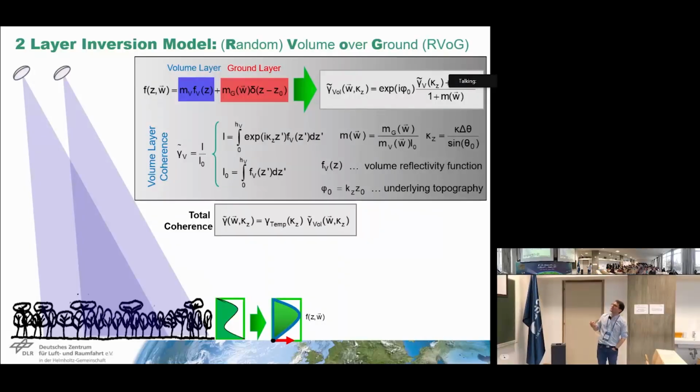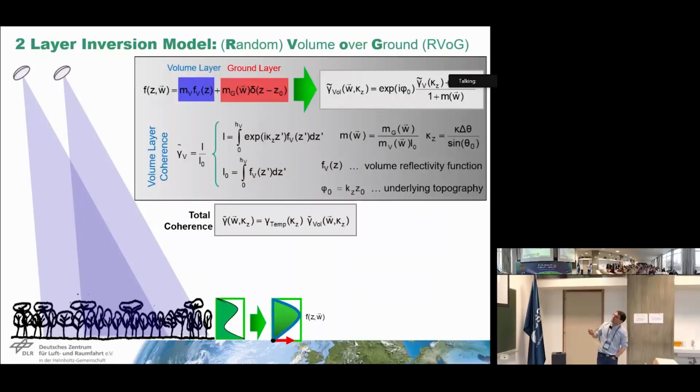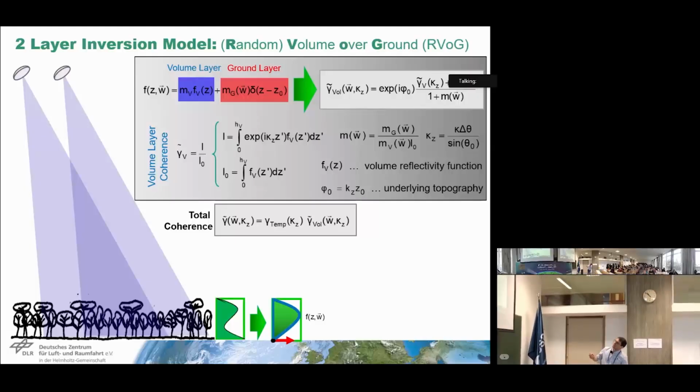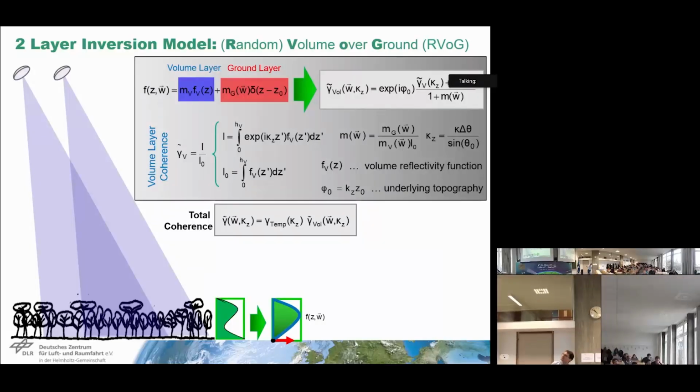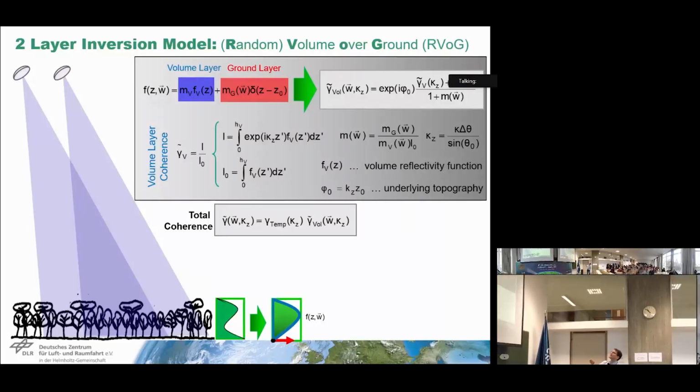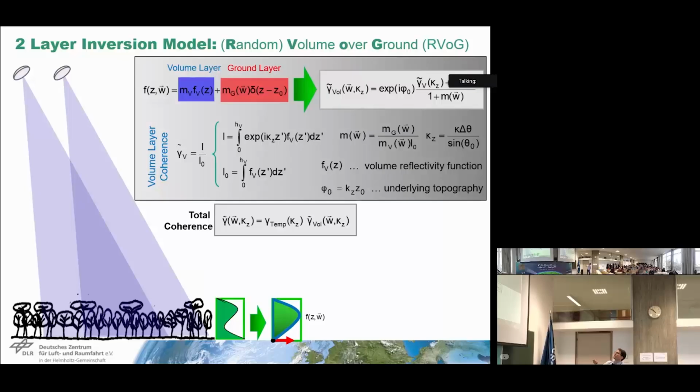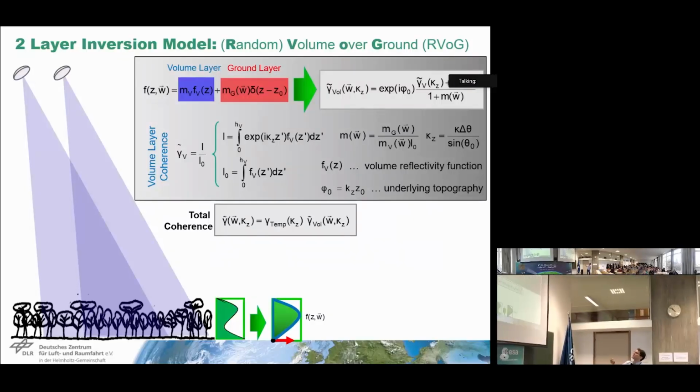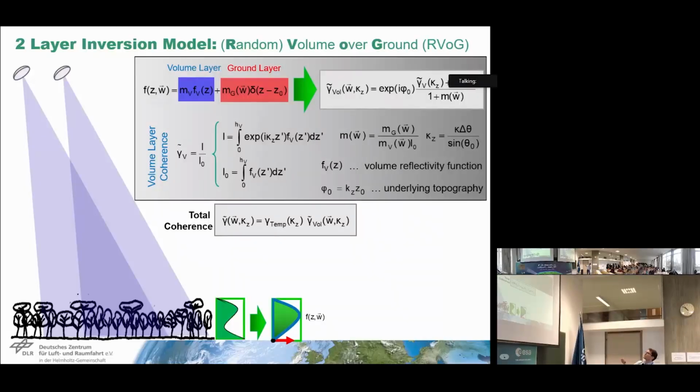Now what you can do, you can take this decomposition into these two components, put it in the Fourier integral, and you get an expression for the volume decorrelation like this. So now you see that you have a complex exponential where you have the ground, which depends on the ground height, on the topography.